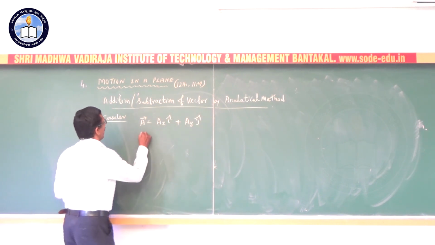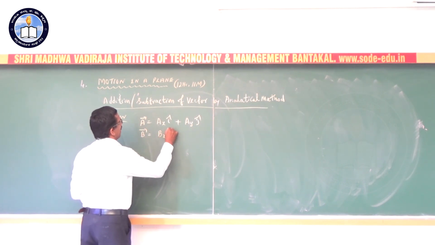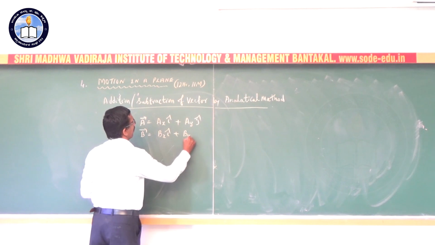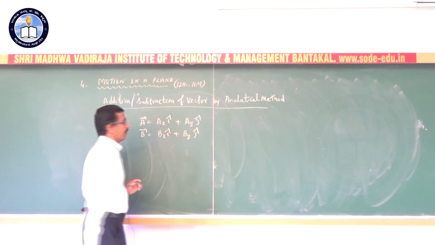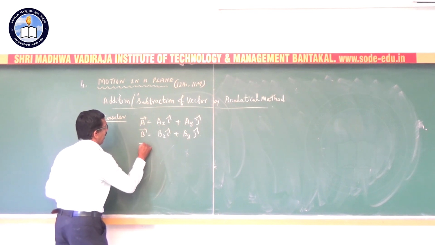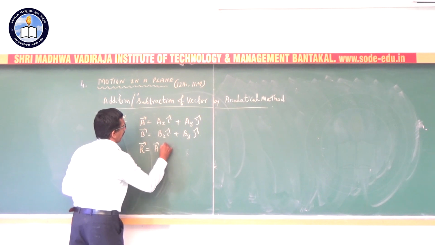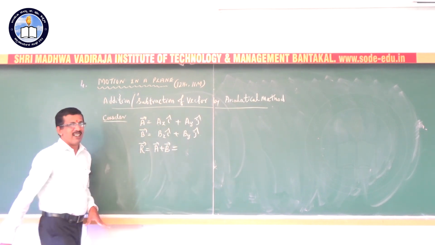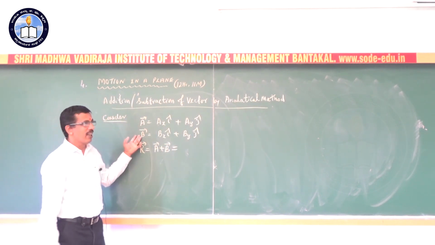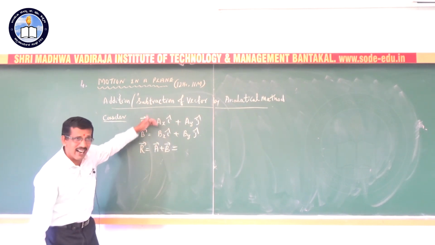Consider one more vector, B, as bx into i cap plus by into j cap. How to get the value R, which is nothing but A plus B? Addition is simply adding the like terms.